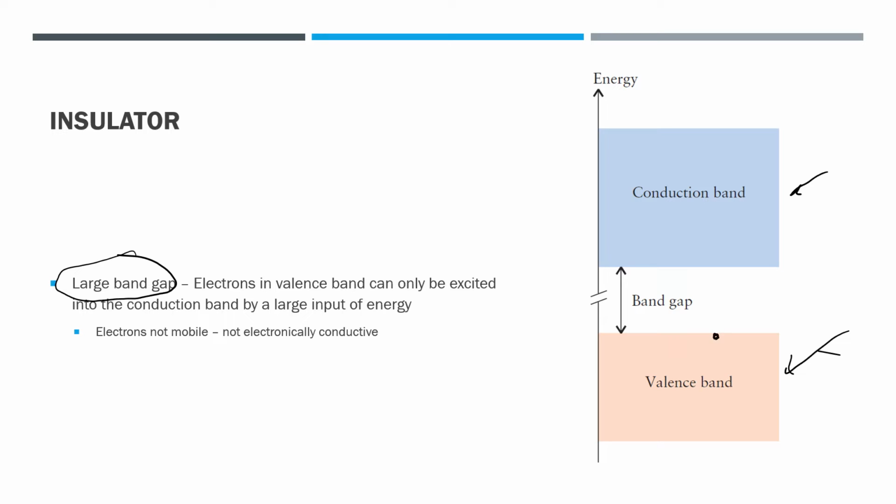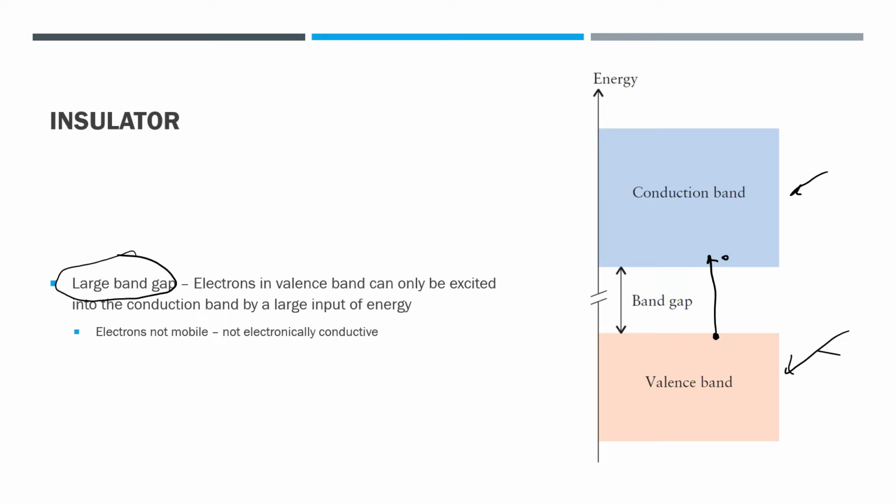So an electron in the valence band can get excited to join the conduction band, or when energy is inputted, this electron can jump from the valence to the conduction band, and that'll make the electron conductive, right? But because this band gap is so large in an insulator, electrons in valence bands can only be excited into the conduction band with a large input of energy.